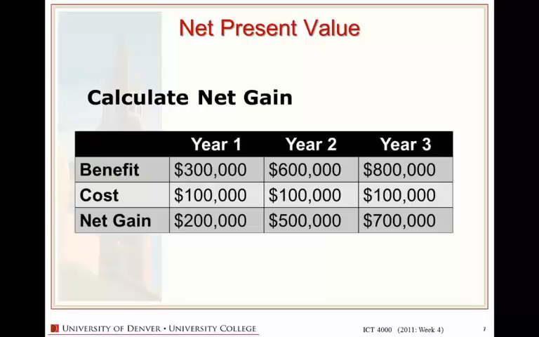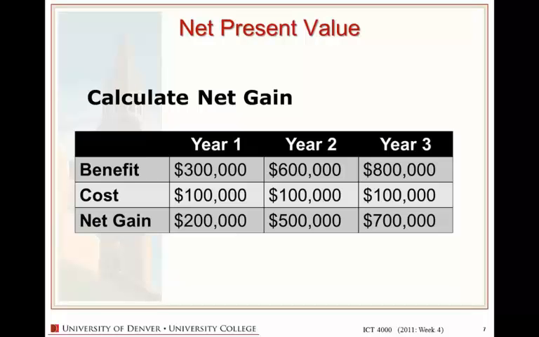Okay, so let's take a look at a simple example. Let's say we have a project. For the case of simplicity, we will say that the benefit in this case is an increase of revenue in year one of $300,000, in year two $600,000, and in year three $800,000.